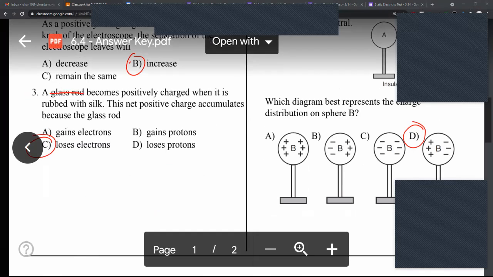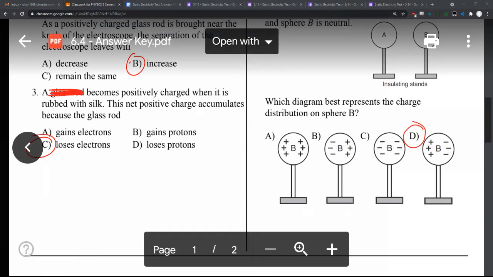Instead of a glass rod, which number 3 on your homework said, I changed it to wool. Instead of silk, I changed it to PVC pipe. The rest of the question is the same.